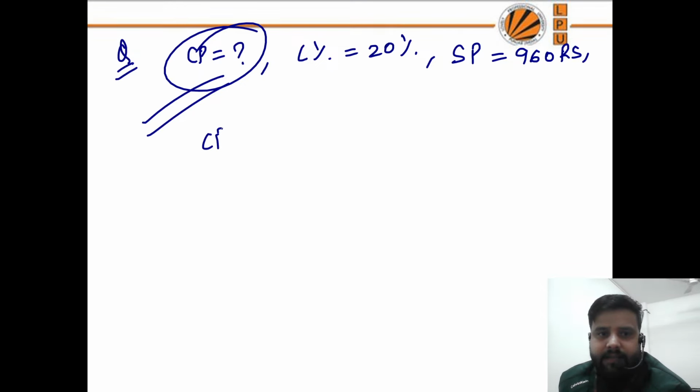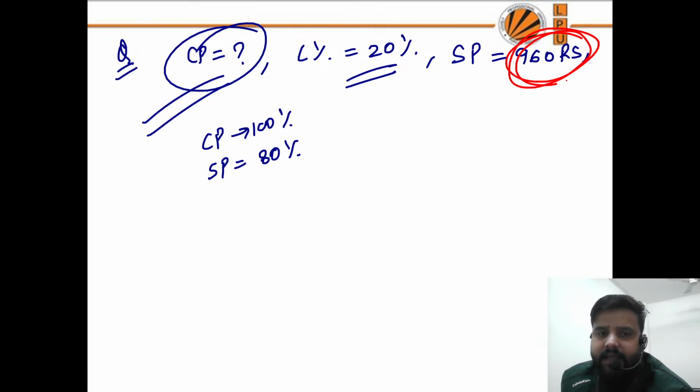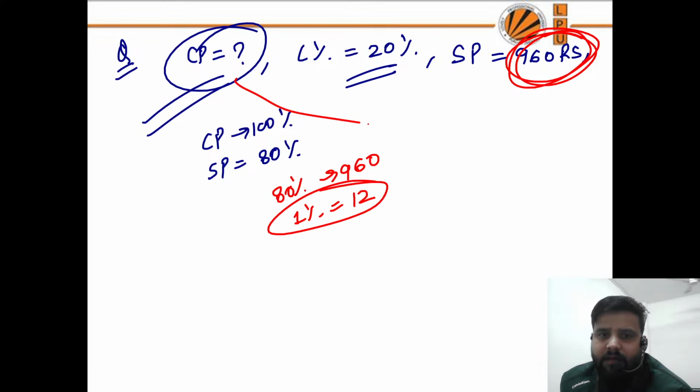So here CP is 100%, loss percent is 20, so you will write selling price would be 80%. In the question you are given selling price which is 960, so here 80% value will be equal to 960. So from here 1% will be equal to 12. Cost price is 100%, so that would be 1200 only.